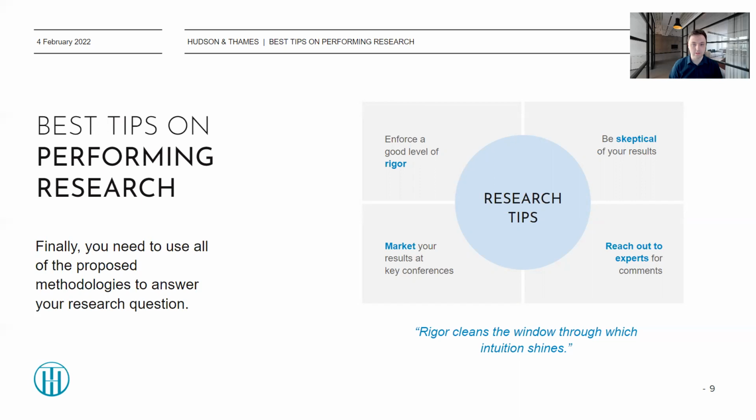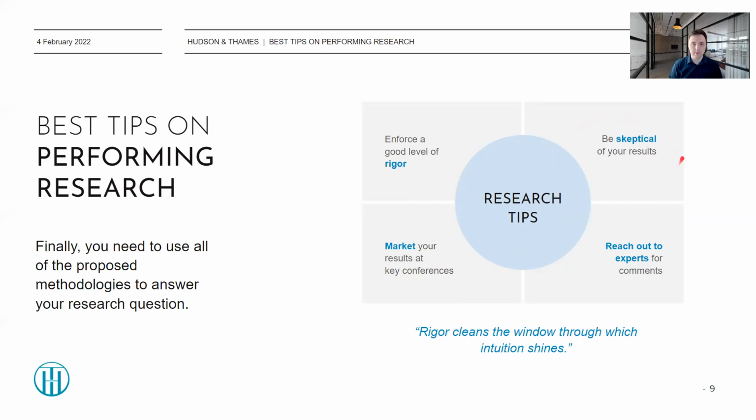Always practice a good level of rigor. And when I say rigor, I don't mean at the level of a mathematician where you are proving every statement in deep detail. There's a good level to be found in terms of rigor, which you can probably find in any of the research journals that you're looking at to get an idea.